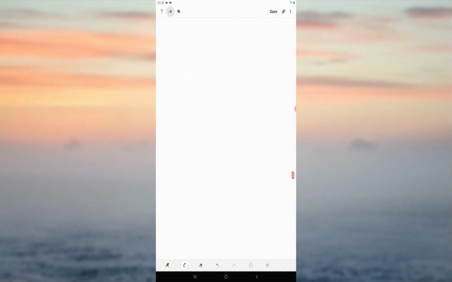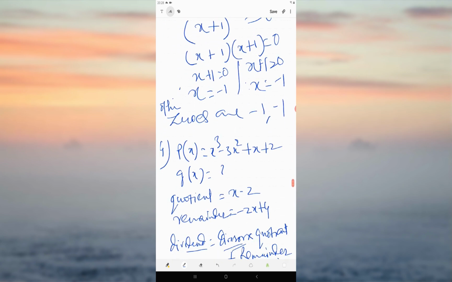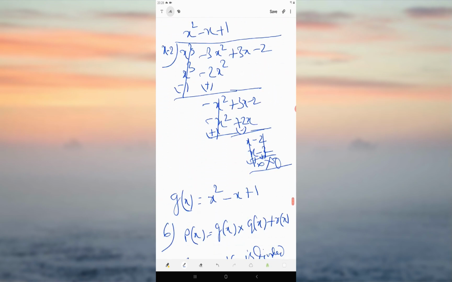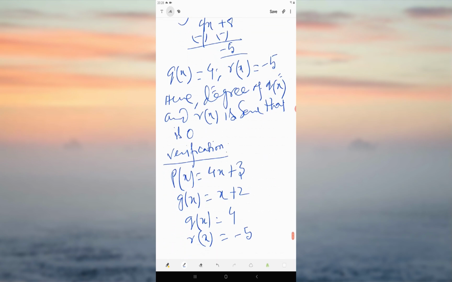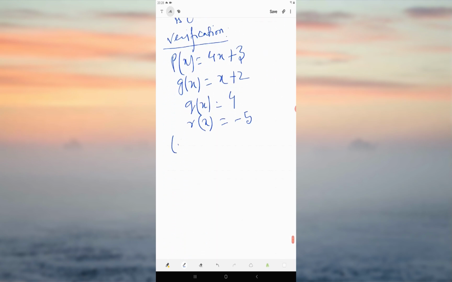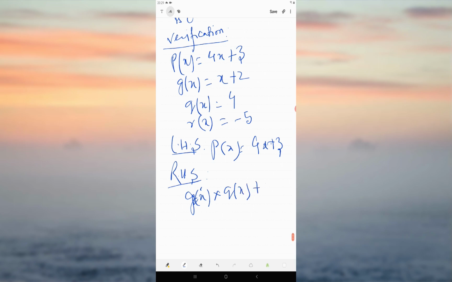So our LHS is p(x), that is 4x plus 3, and RHS equals g(x) into q(x) plus r(x), correct?